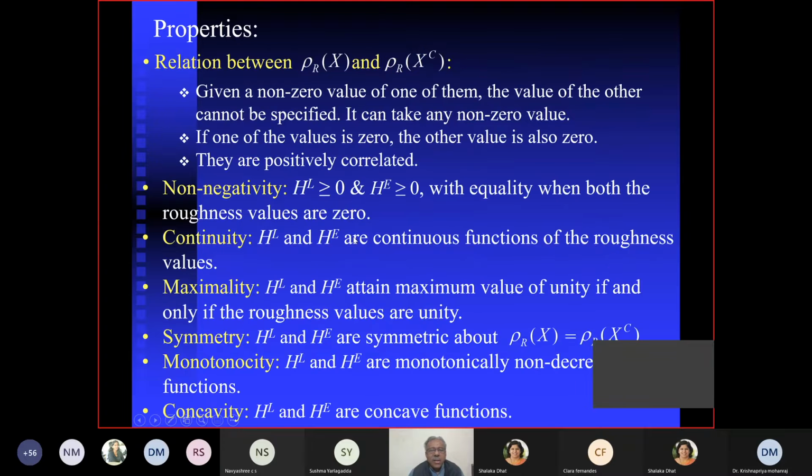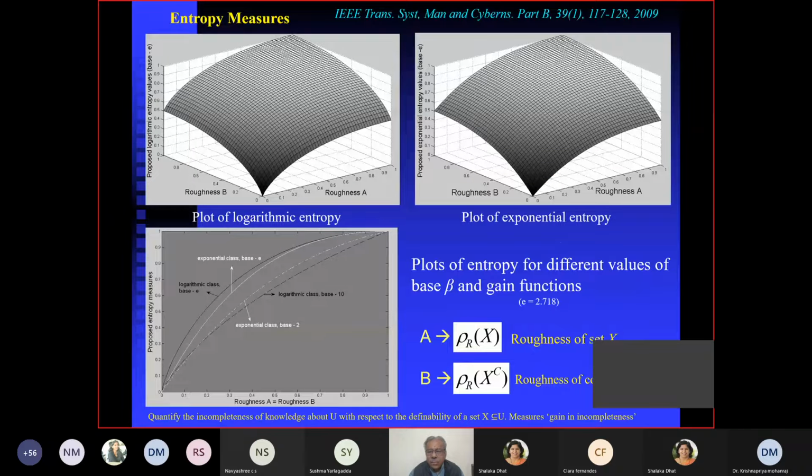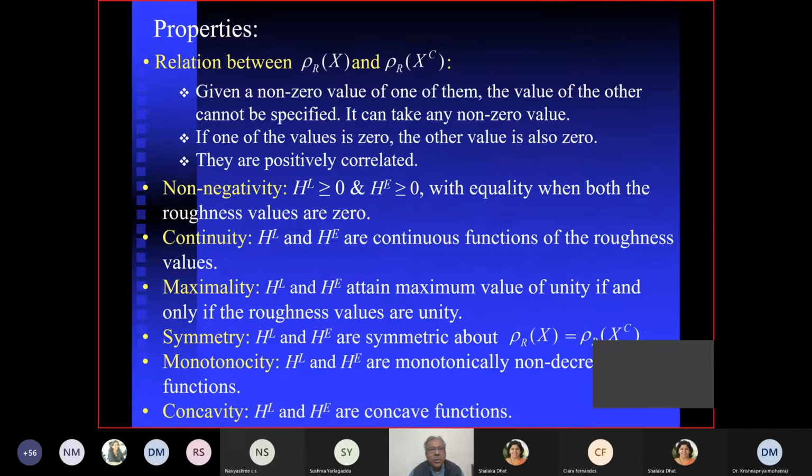So if we plot this, I will show the plot. If you go by this, the properties will be given a non-zero value. If one of them is non-zero, then the other value will also be non-zero, but I cannot define it; it can take any non-zero value. If one of the values is 0, then the other value is also 0. They are positively correlated.